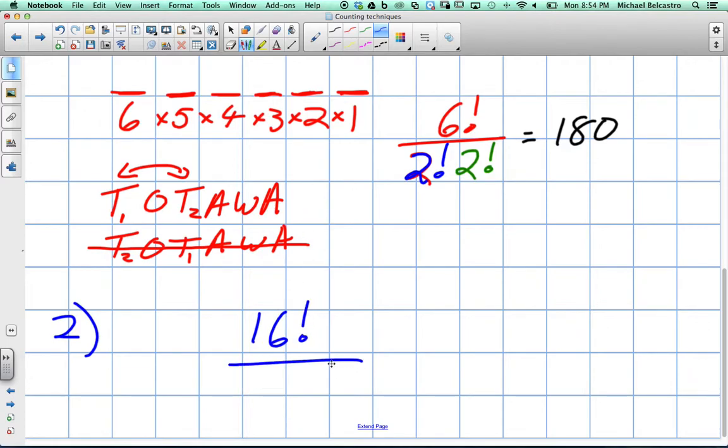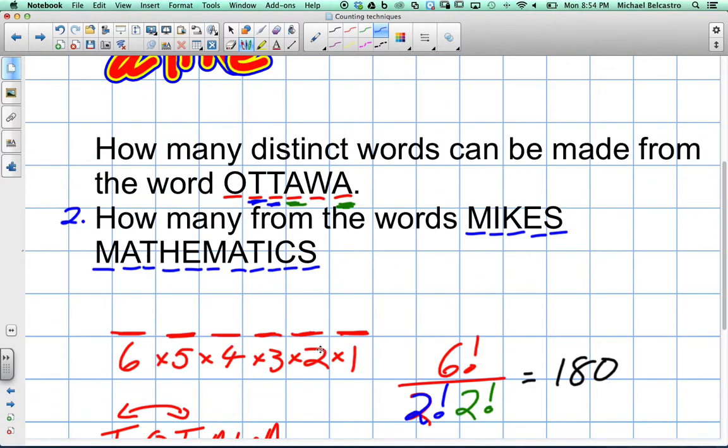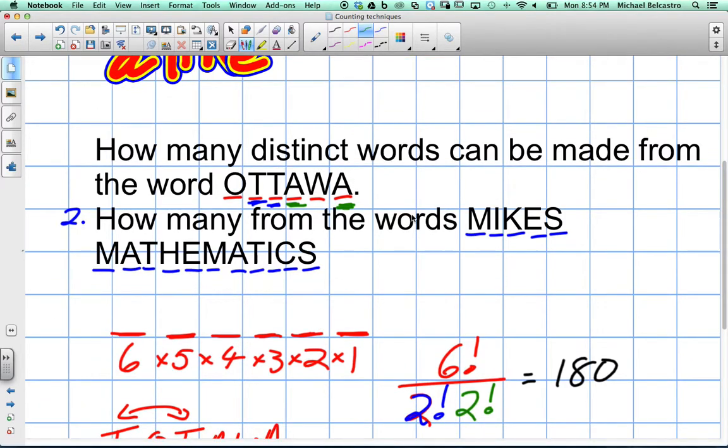But we do have a ton of double counting. First of all, we have 3 M's. We have 2 I's. We have 2 E's.